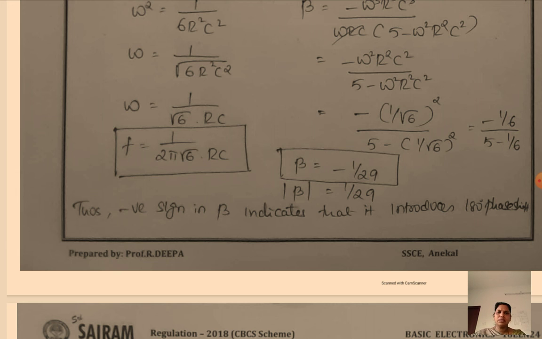Thereby this RC phase shift oscillator produces sustained oscillations provided beta is equal to 1 divided by 29, and it produces a 180 degree phase shift in the feedback network, so that the feedback amplifier produces a total phase shift of 0 degree or 360 degree to get sustained oscillations.